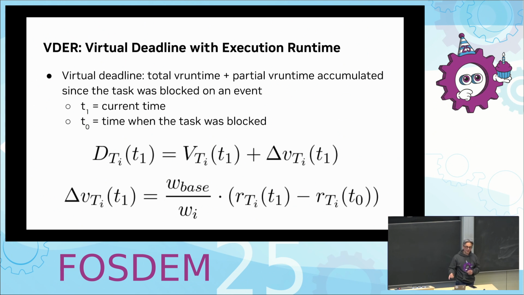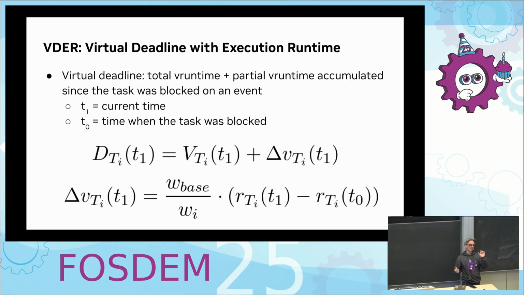This is the vruntime, vt, and there's also a delta_t. This is basically the amount of time from when the task becomes runnable, so let's say you have a wake up, for example, until the time when the task voluntarily releases the CPU.